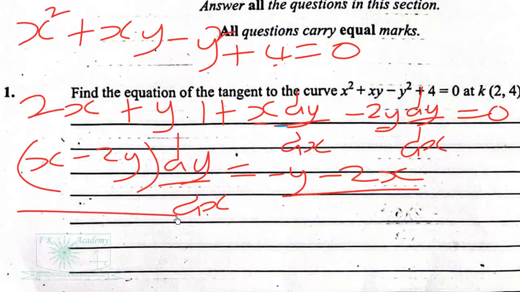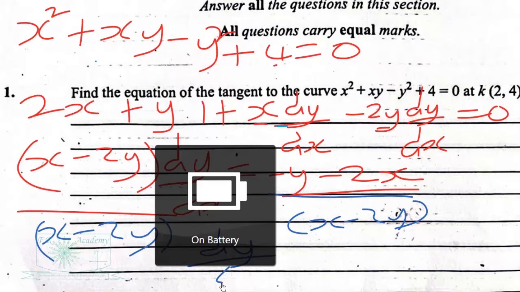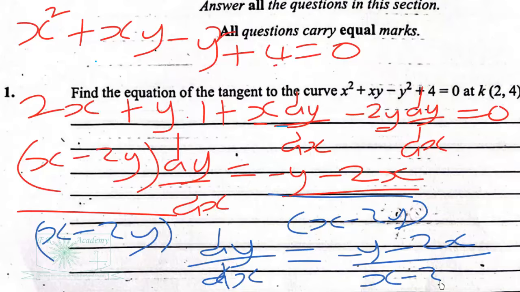So dividing through by x minus 2y, dy dx will be equal to negative y minus 2x over x minus 2 times y.